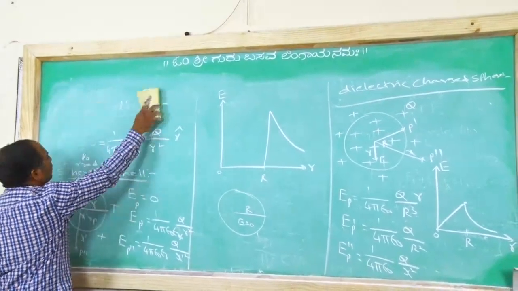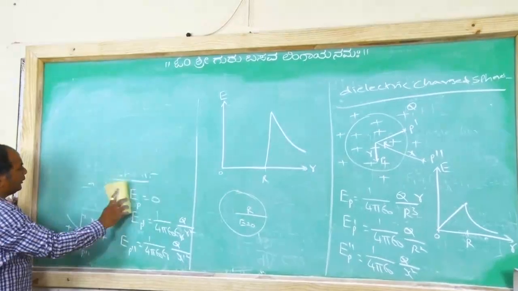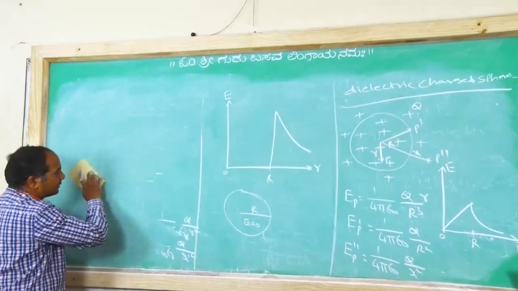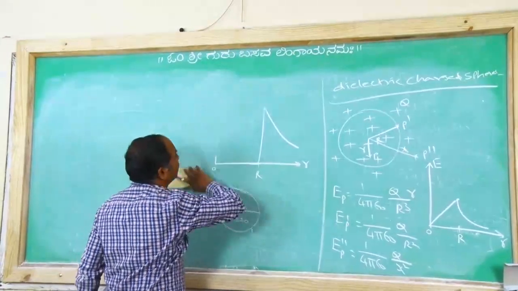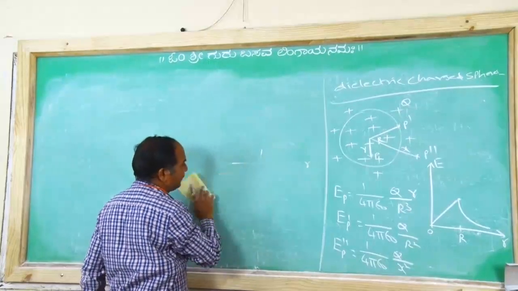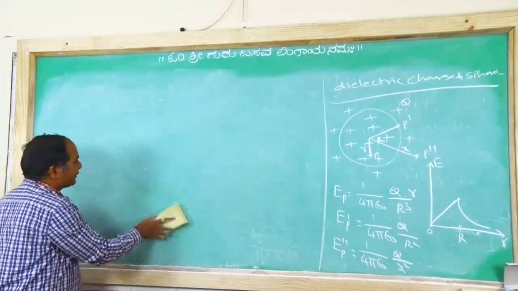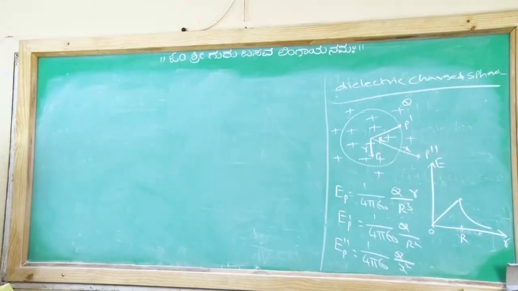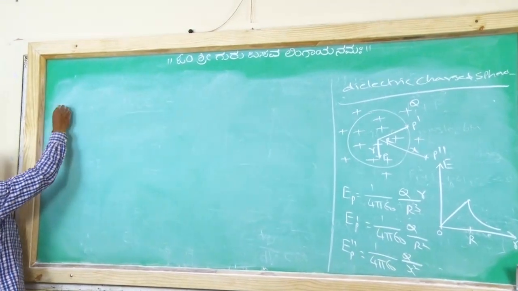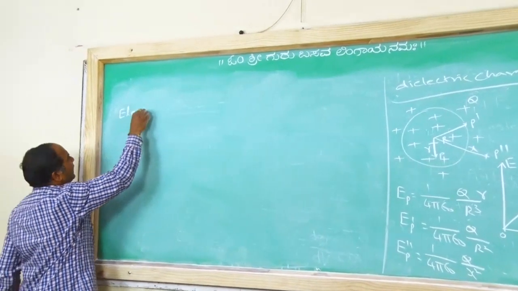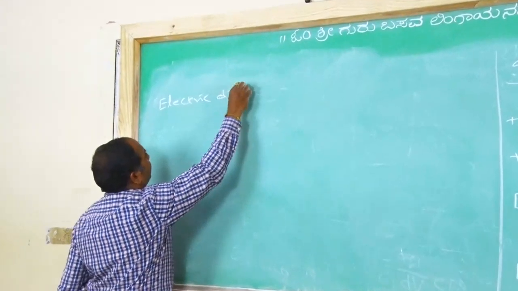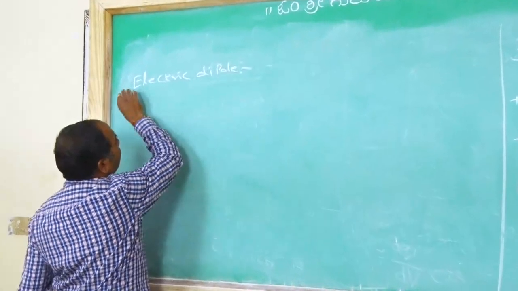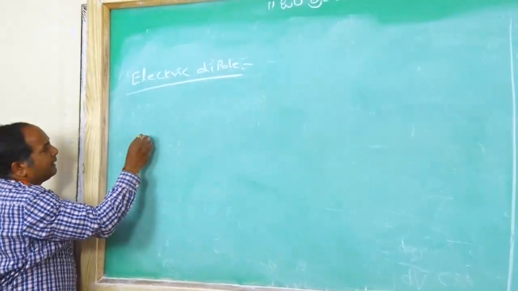This is about the electric field due to shells and their corresponding dielectric spheres. After this, you should remember another important topic, the electric dipole. Di means two.